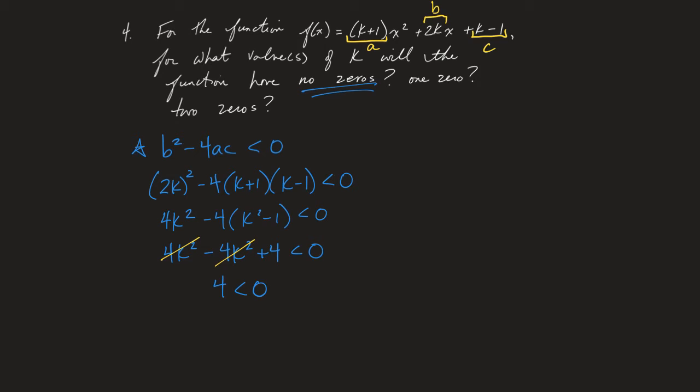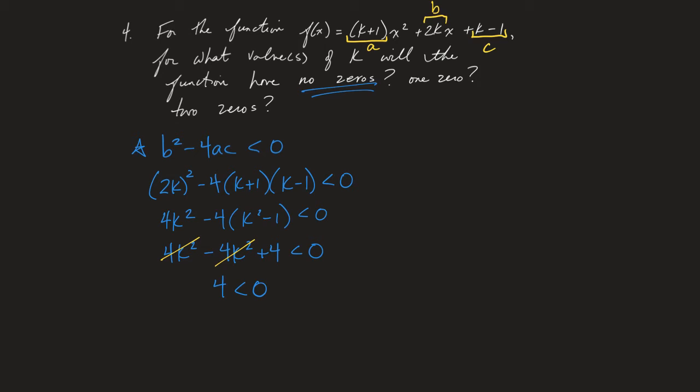Under the context that I just starred, in order for b squared minus 4ac to be less than 0, we create this situation where it says 4 is less than 0. Now, when we read 4 is less than 0, we should be scratching our heads, because 4 is less than 0 is not a true statement.